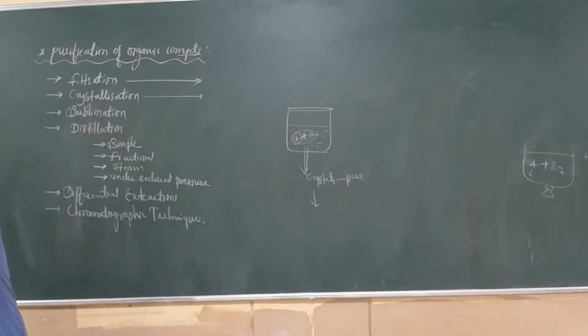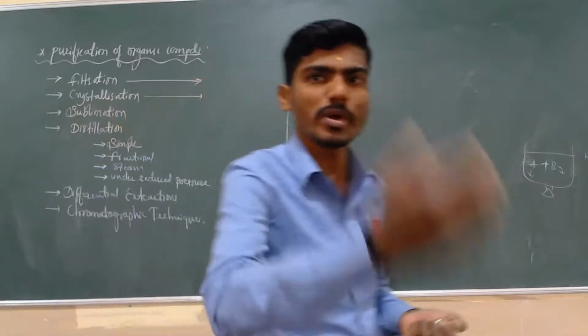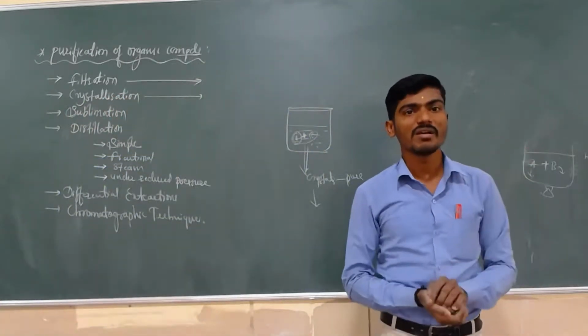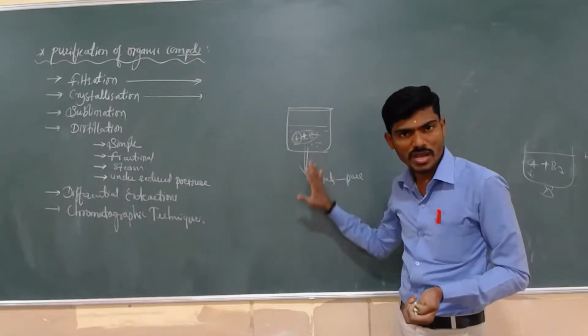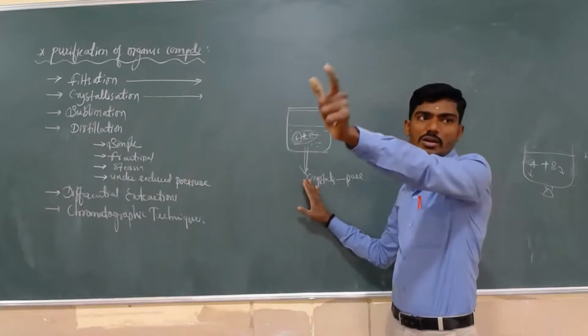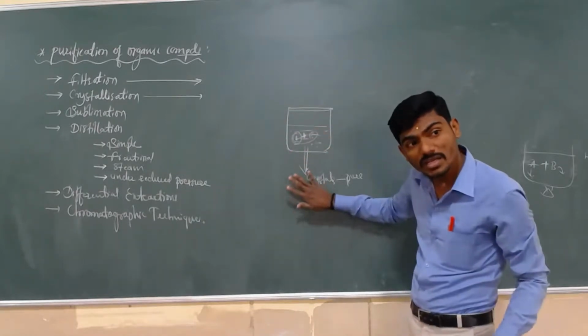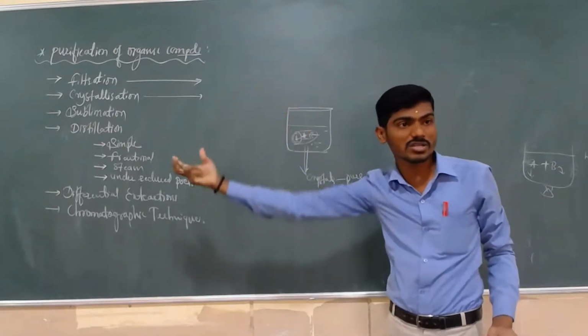Fractional crystallization means the separation of different components by repeated crystallization, step by step, one by one. Two or more times the process is repeated. First time, crystallization and then filtration, and we get the pure component. I don't know if it is 100% pure or not. One more time, taking this pure component, do the crystallization process again with fresh solvent.